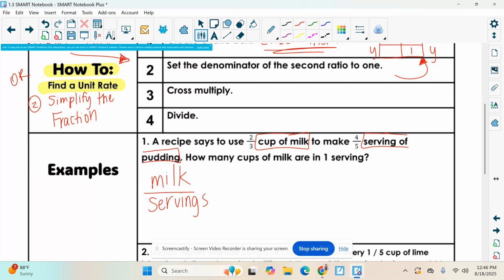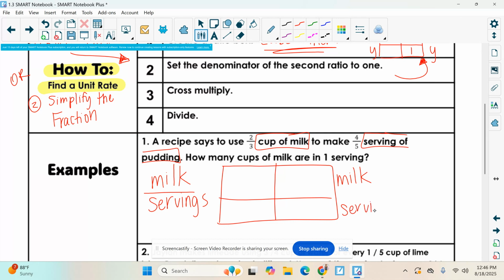Milk over servings. So when I make my ratio box, I'm going to label that on both sides. Milk to servings. I'm trying to figure out how many cups of milk are in 1 serving.